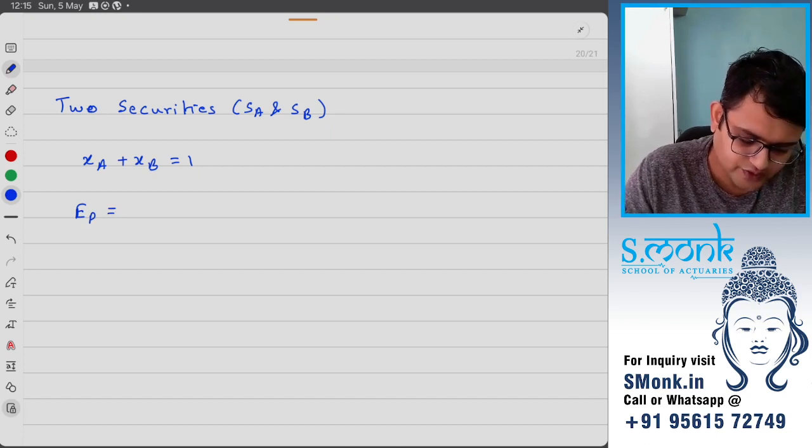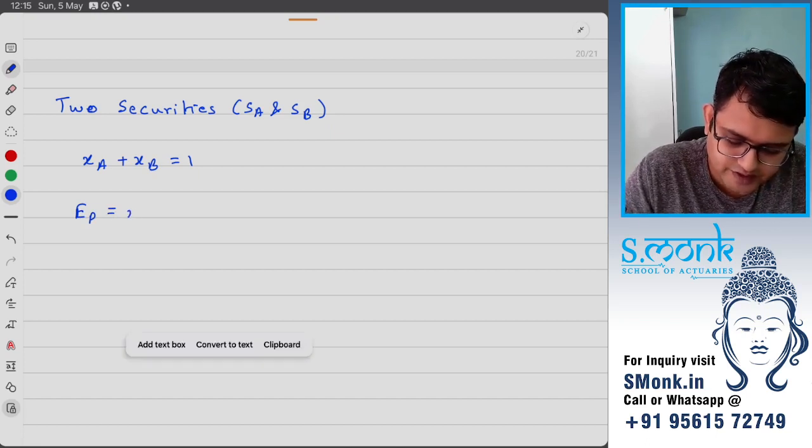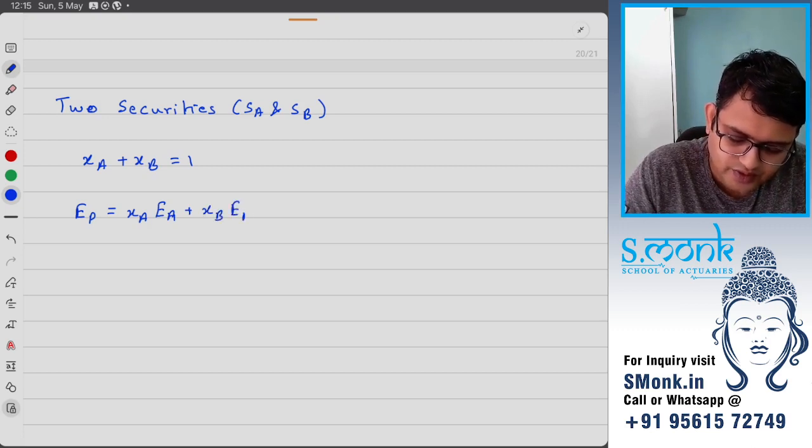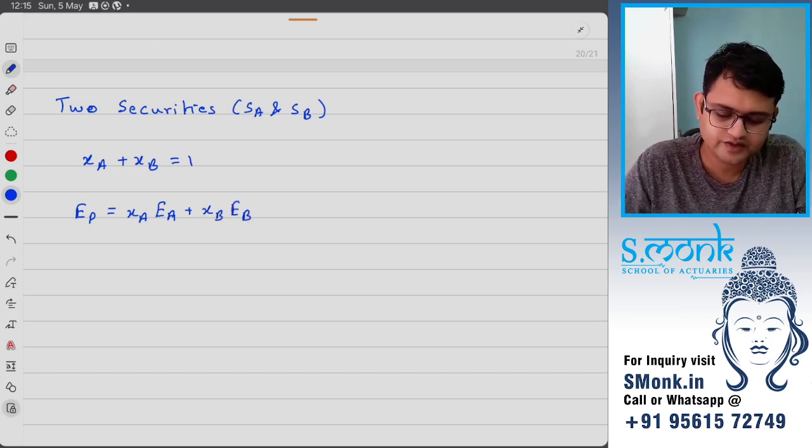And then the expected value of the portfolio, or the expected returns that I'm going to get from the portfolio, would just be XA into EA plus XB into EB. Very straightforward.